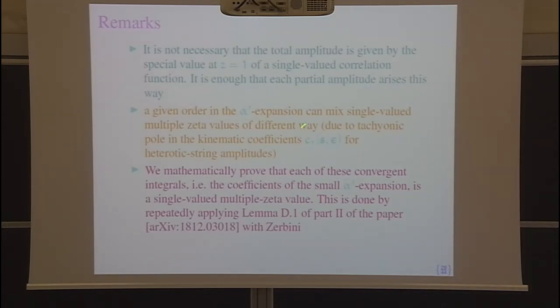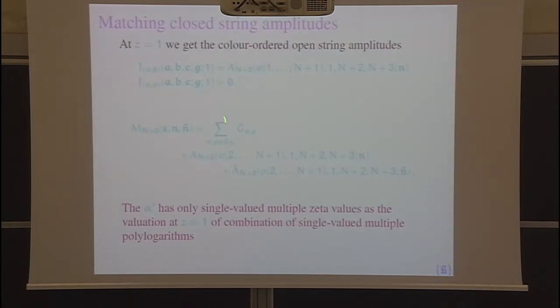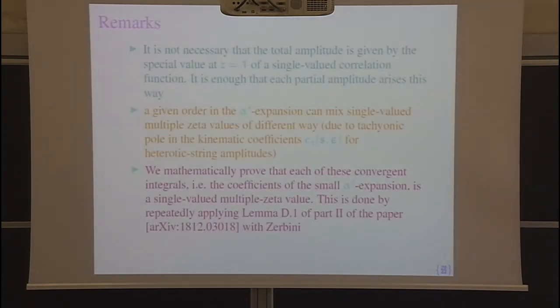But you know something: because of the tachyon pole in the heterotic string, you have 1 over 1 plus alpha prime s in front of the gamma function in the 4-point amplitude in heterotic strings. Because this can have a pole, by expanding in alpha prime the kinematical coefficient times the building blocks here, you will mix various orders of the multiple zetas.